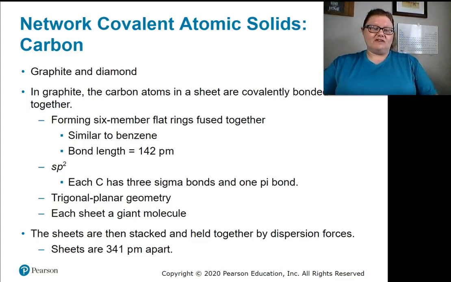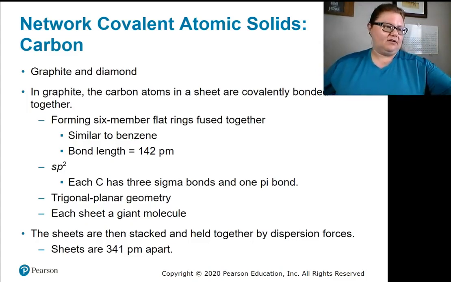In graphite, the carbon atoms are in a sheet, so we'll see an image of that in a moment. It's similar to benzene in that it's a 6-member ring. The bond length is 142 picometers. You do not need to memorize that. It's an sp2 hybridization. For each carbon, the way it's arranged, let me see if I have an example here.